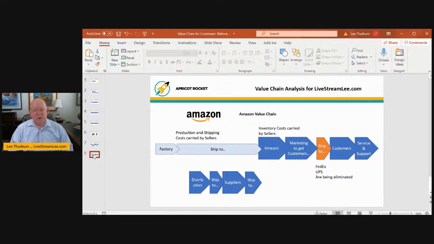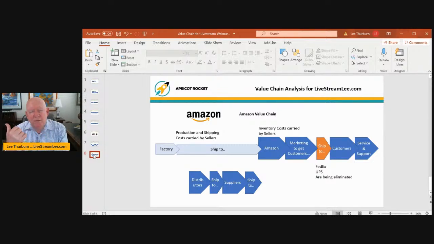Now, Amazon spends money on marketing, but what Amazon has done is they've eliminated about 50% of the vendors in the shipping to the customers. So Amazon used to use about 60% of their shipping on FedEx and UPS. That's now down to about 20%, and close to 40% of their shipping cost, the switchover has pretty much moved off of FedEx and UPS and onto Amazon's own fleet.